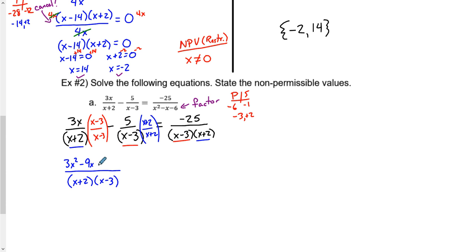-5 times x is a -5x. -5 onto a +2 is a -10. I'm sorry, let's begin. I could change up the order, it doesn't matter. x add 2 and an x subtract 3.